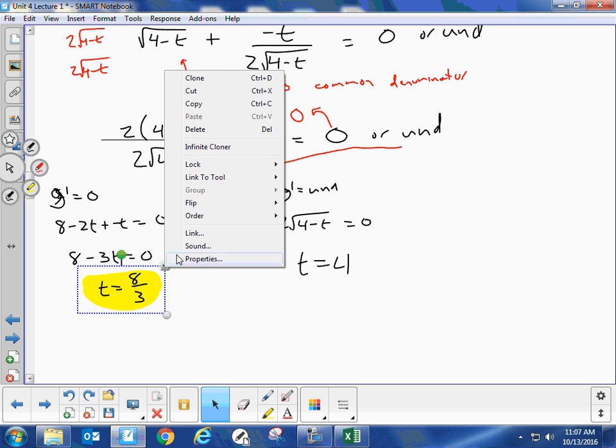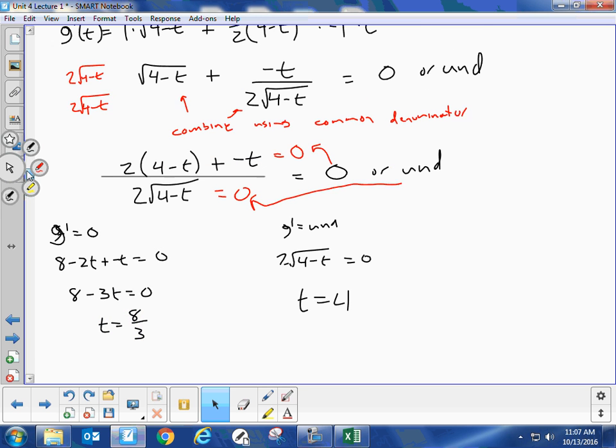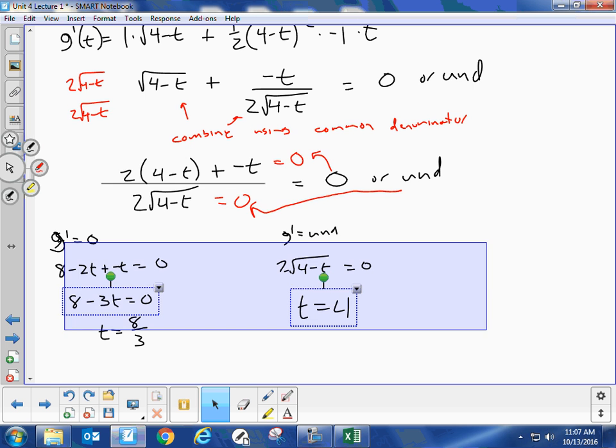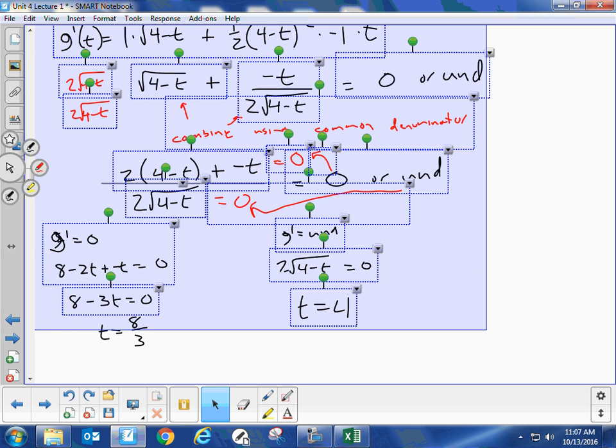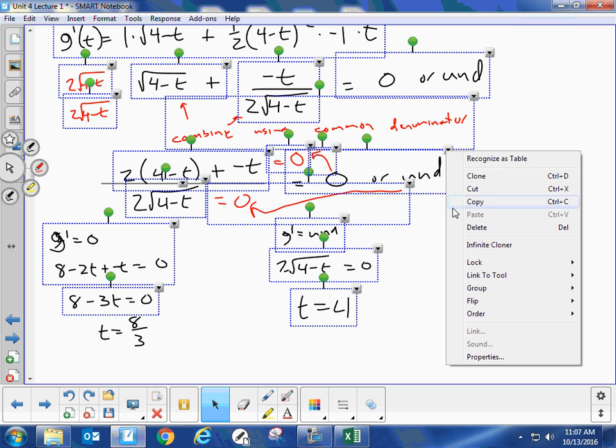Let's tackle another one just like this for practice. Ooh, what's that one?